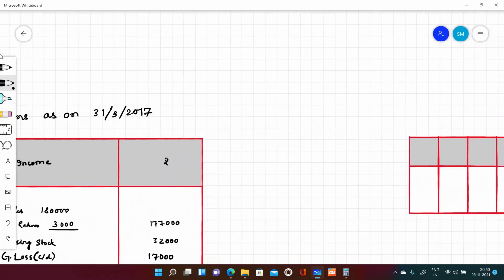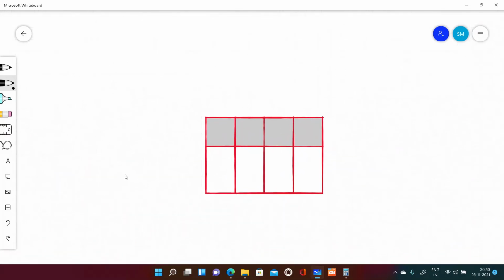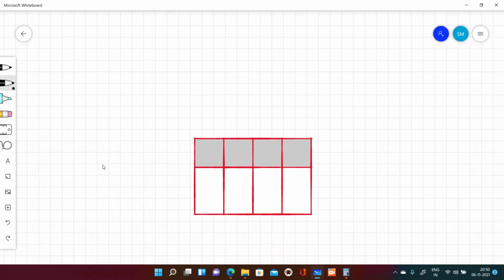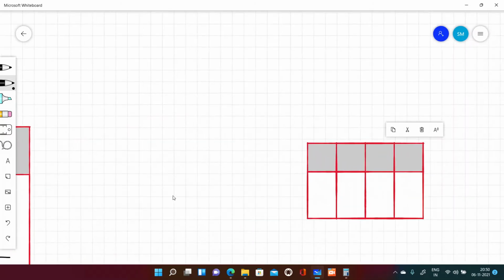In same way we will prepare this balance sheet also, and I will write the heading at the last or the top, but you are supposed to write in the very beginning, because as I told you, this box will adjust as the figures I will write into it.